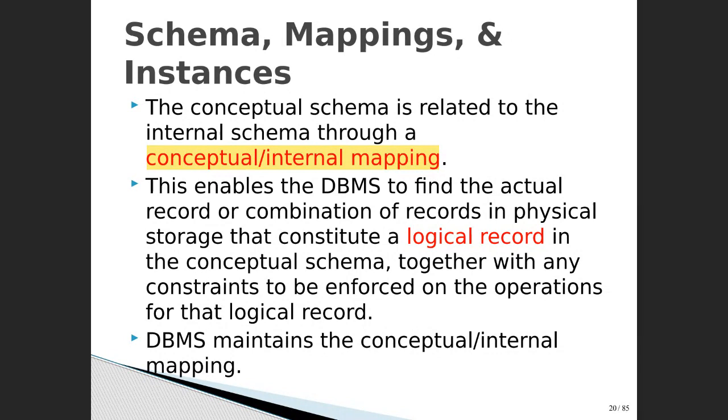All right. So it will find the actual combination in the storage or in the physical storage, and it will represent it as a logical record in the conceptual schema.